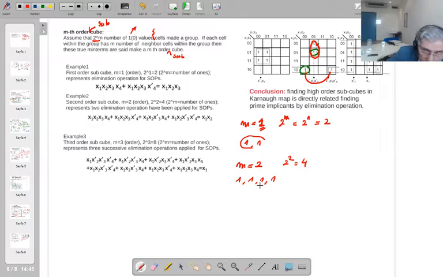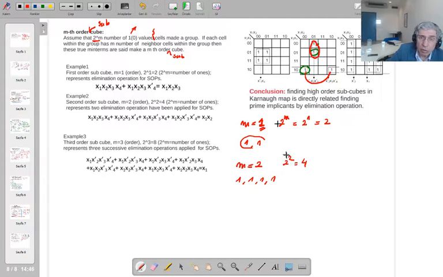What is this property? Each one in this group must have 2 neighbors in it. You are going to repeat it for each one. For example, these 4 ones here make a second order subcube. Why is it second order? Because the number of ones is 2 to the power 2, so it is second order.